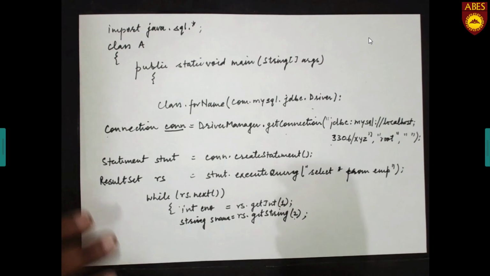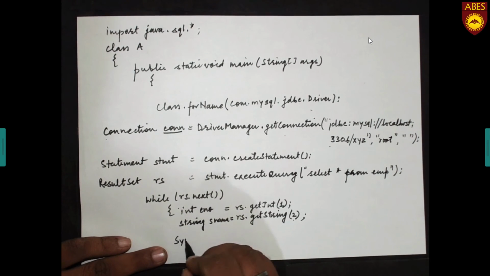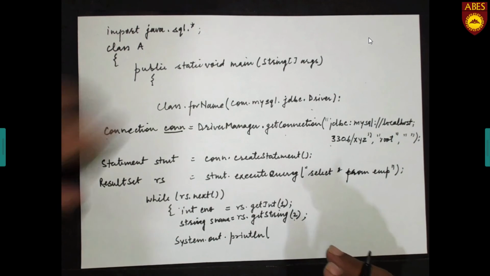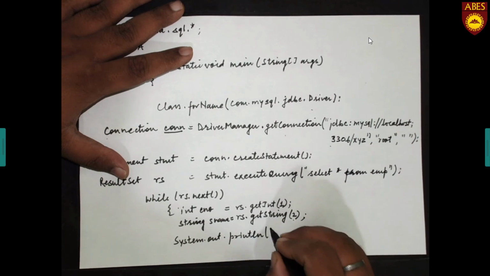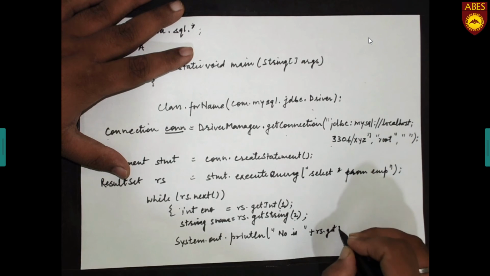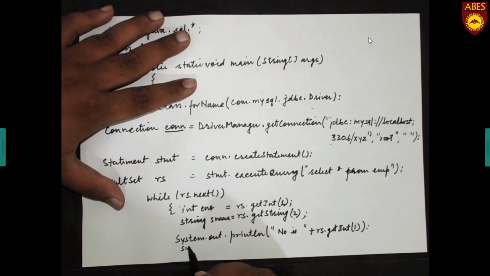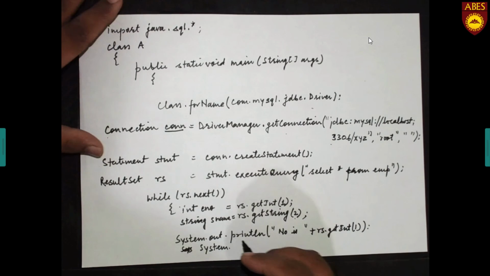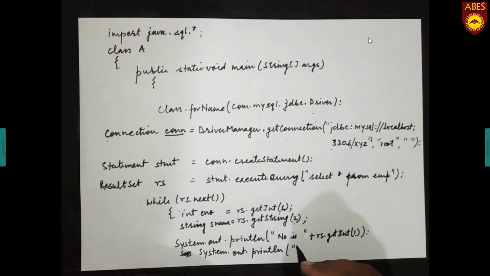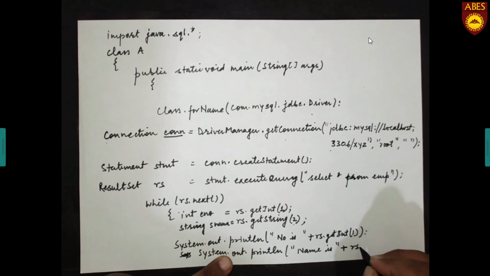After this, suppose I have to display these values. So I need to use System.out.println to display the values, like "number is" plus rs.getInt 1, and again System.out.println "name is" plus rs.getString 2.